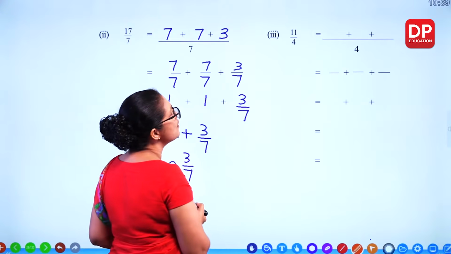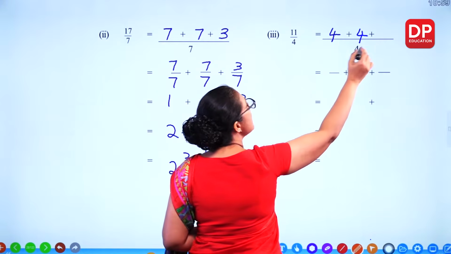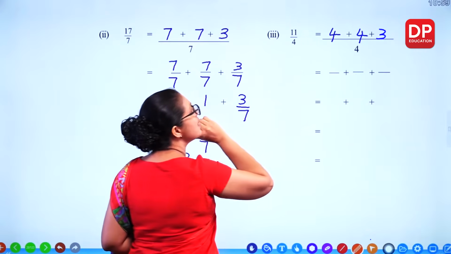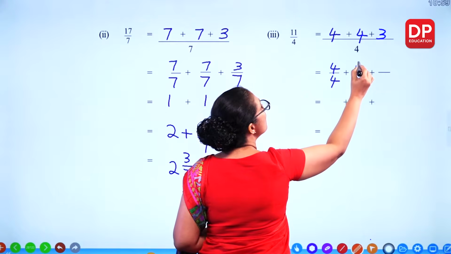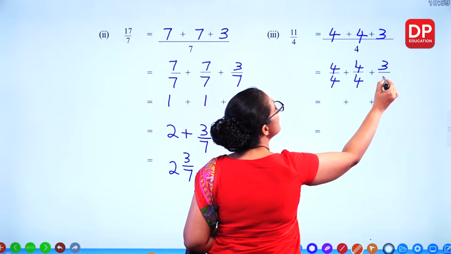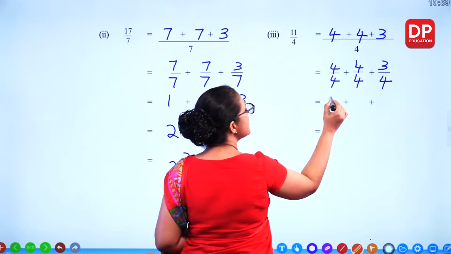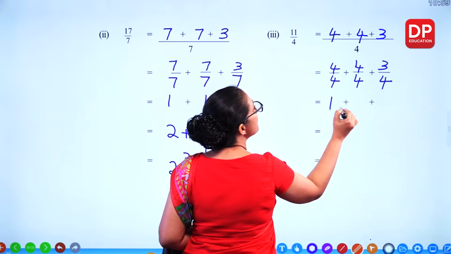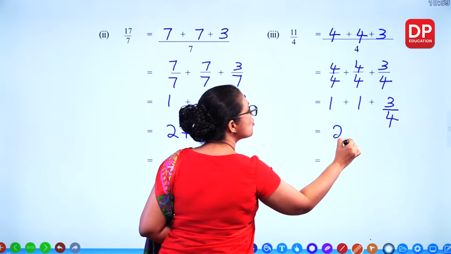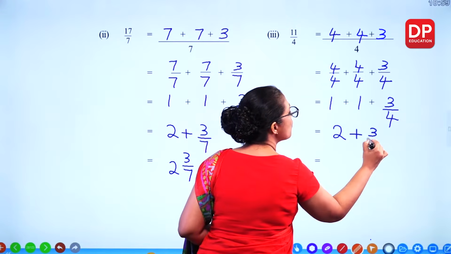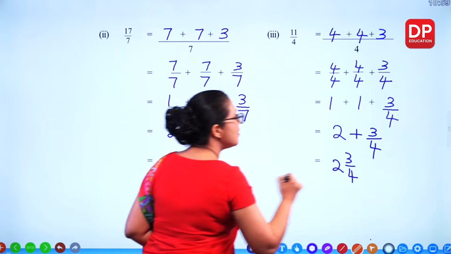How can I write 11/4? 4, 4, 8. 8 plus 3, 11. So 4/4, another 4/4 and 3/4. So 4/4, that's 1. This is 1. 3/4. 1 and 1, that's 2 plus 3/4. I can write 2 and 3/4.